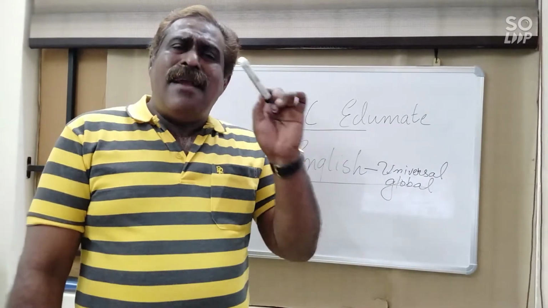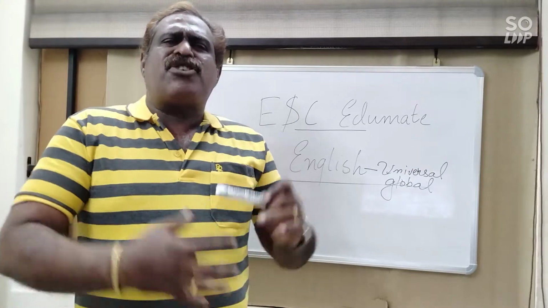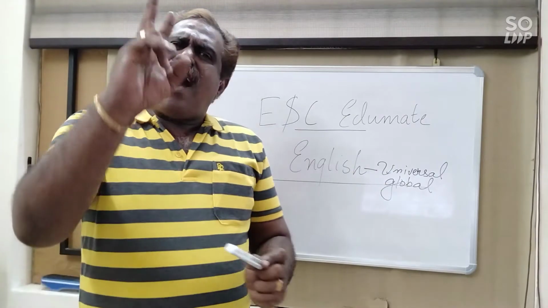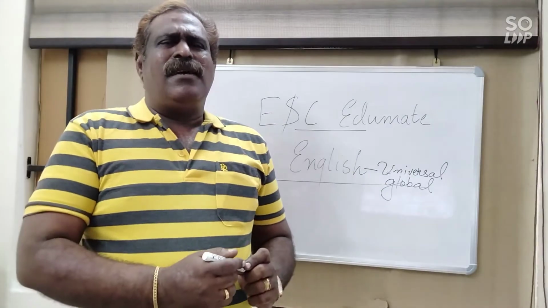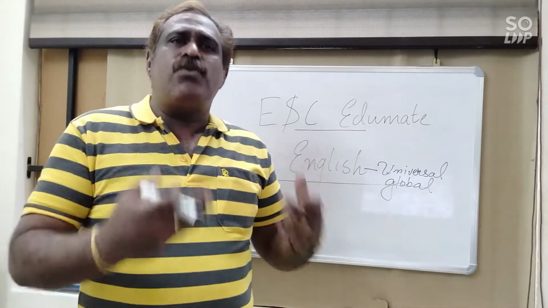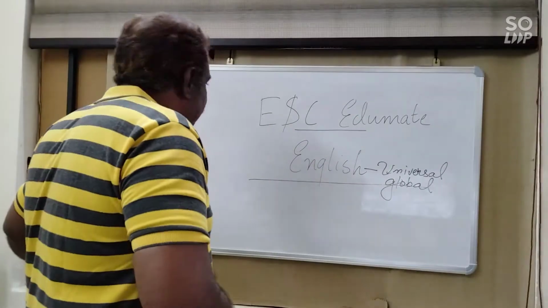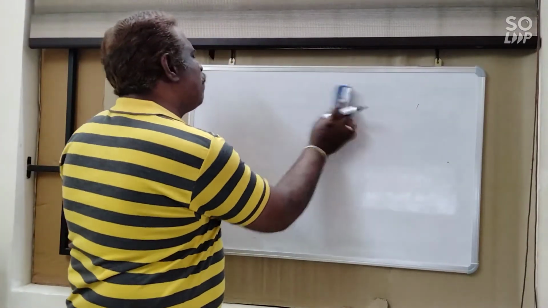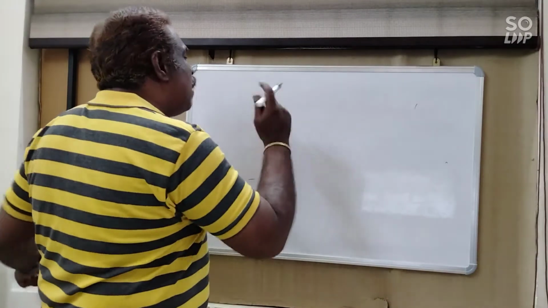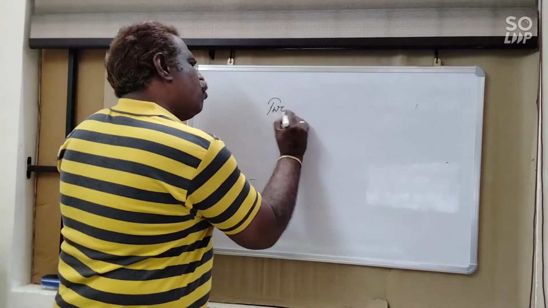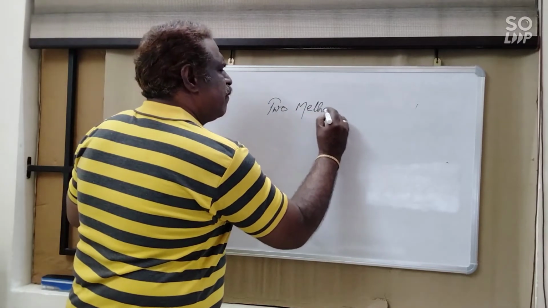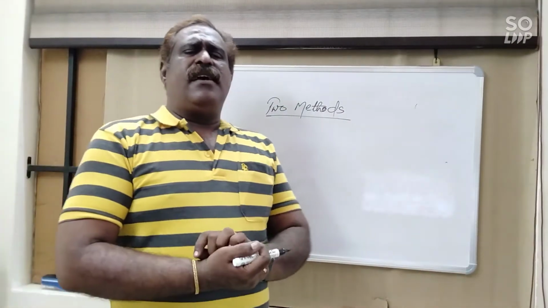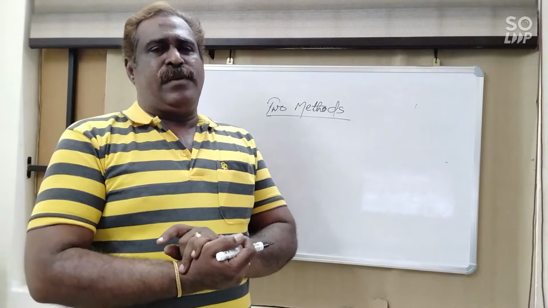So while we learn the English language, we must try to imbibe the spirit of the language. Now let us see, there are mainly two methods Indians try to learn the English language.